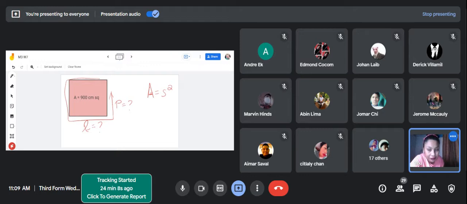What is the area? No. What does the question tell you the area is? 900.